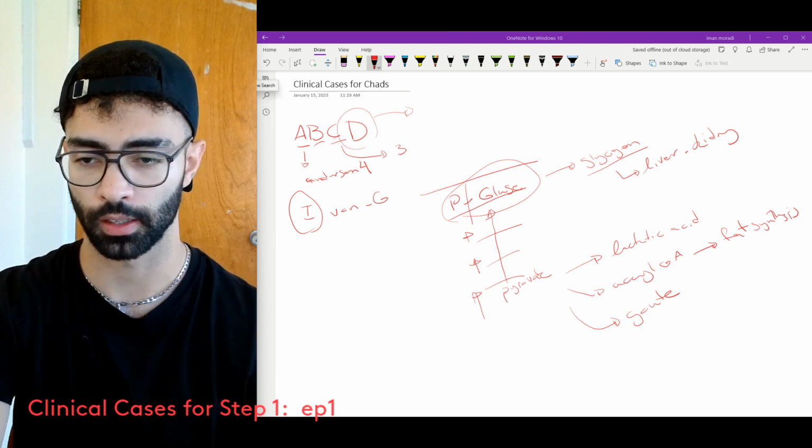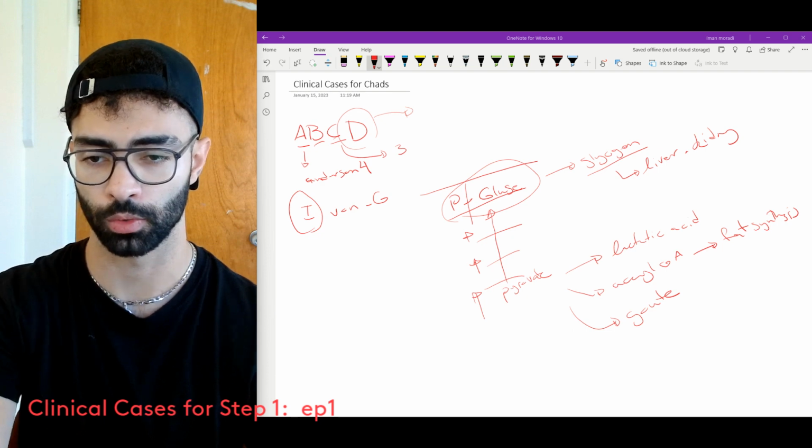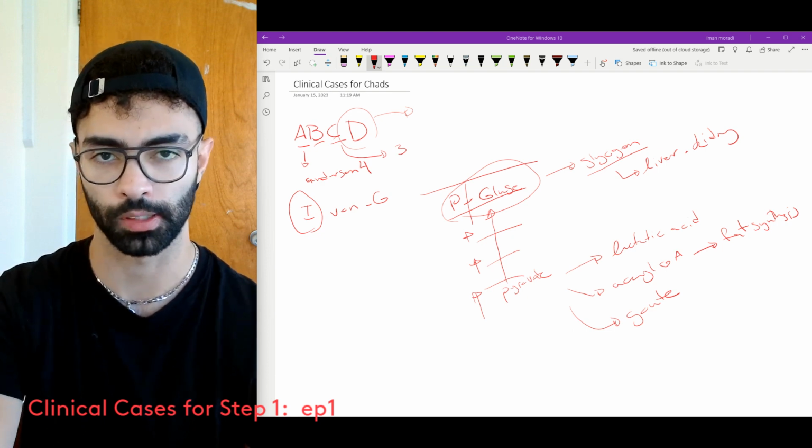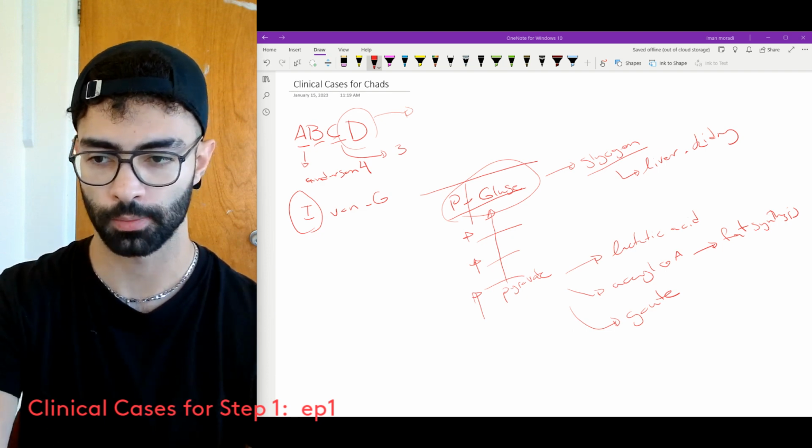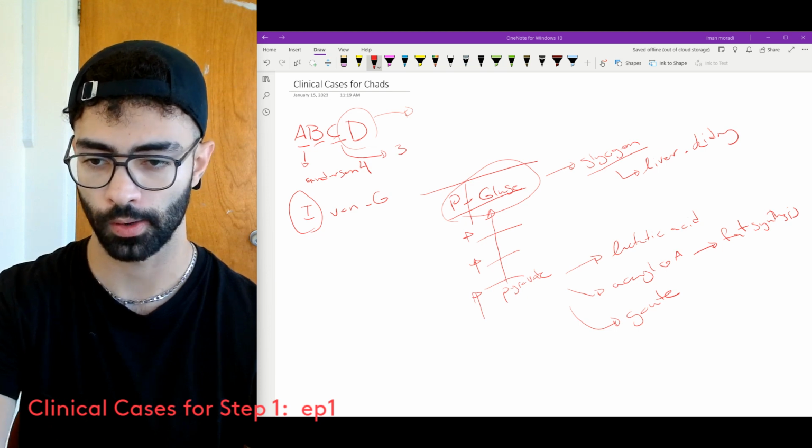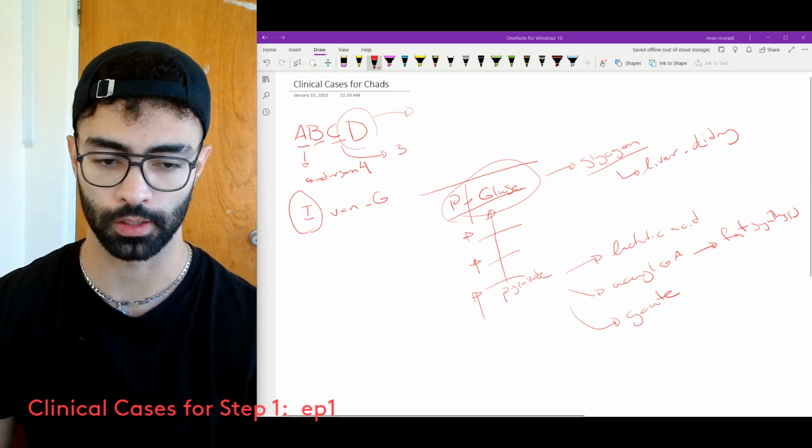The other thing, let's talk about type 2, and then when we get to Corey, we'll talk more about the case. Type 2 is Pompe disease, right?